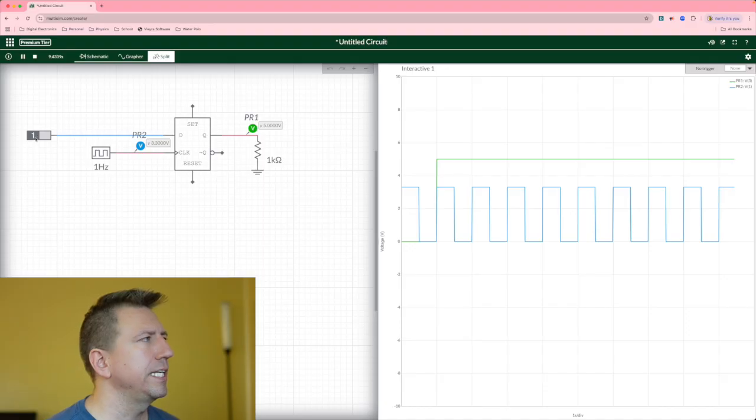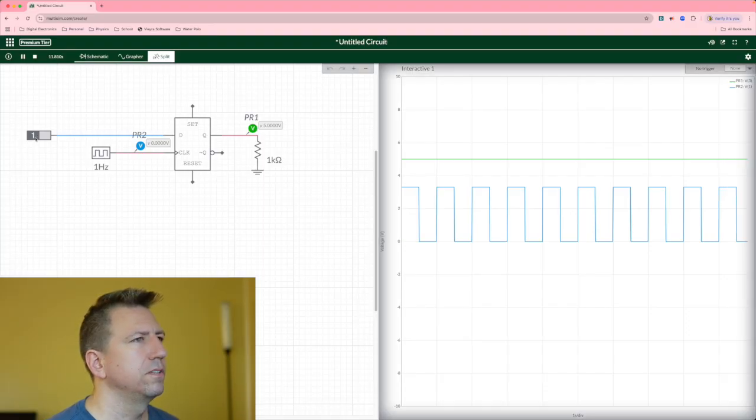Now if I change the input to 0, it changes here again on the positive edge of the clock. If I change it back to 1, and then to 0, to 1, and to 0, it only changes on the positive edge of the clock, and it's equal to the value that I set it at.